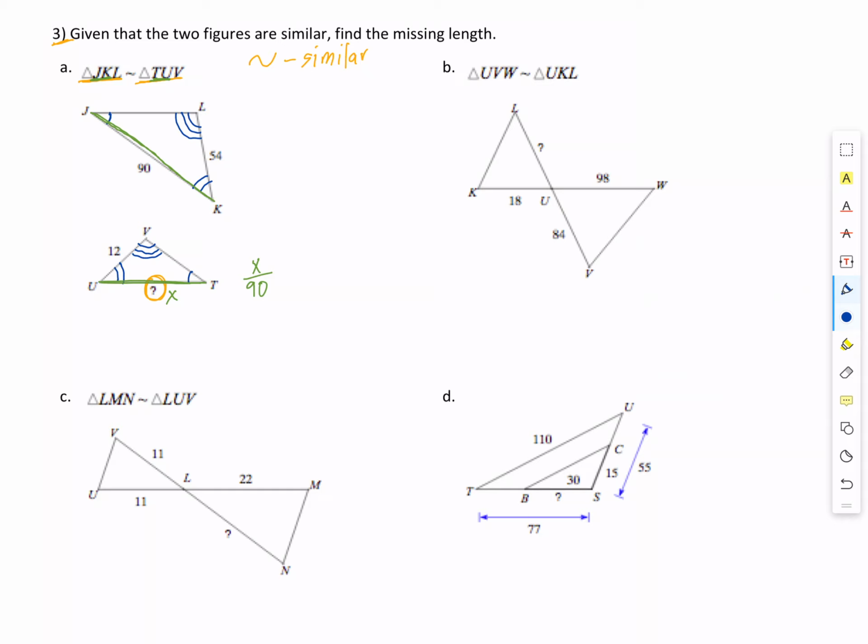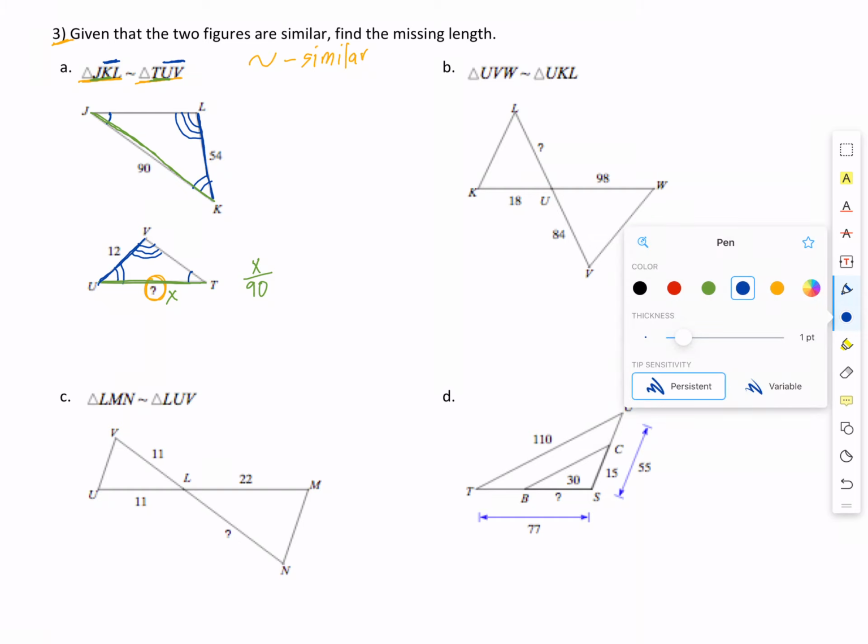So again, the notation helps us to see. So if we have KL, that means this line right here, the side, is similar to UV. So it would be this one right here. So that'll help us set up the ending of this proportion.